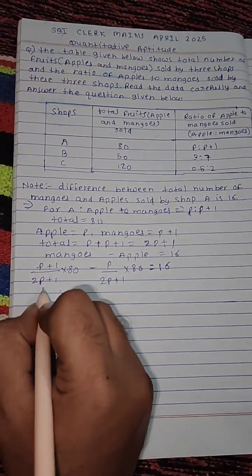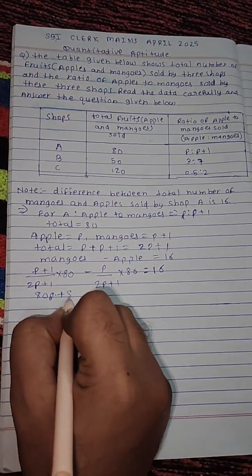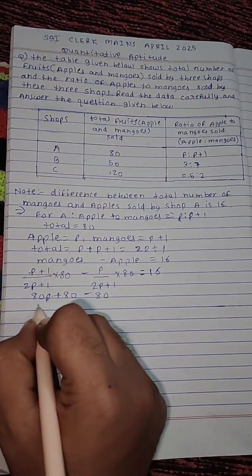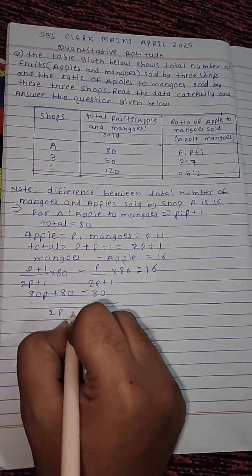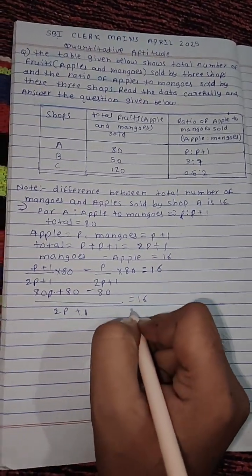Here 80 into P plus 1 is 80P plus 80, and here 80 into P is 80P, and the denominator is the same, 2P plus 1, equal to 16.